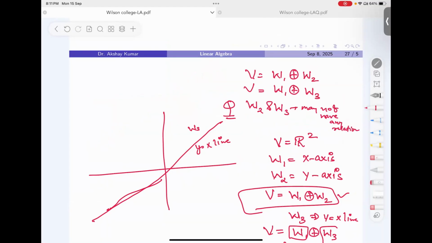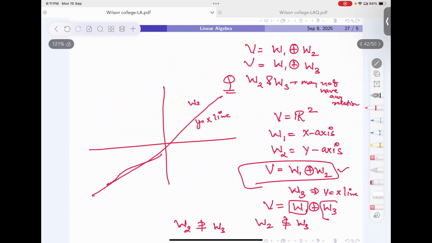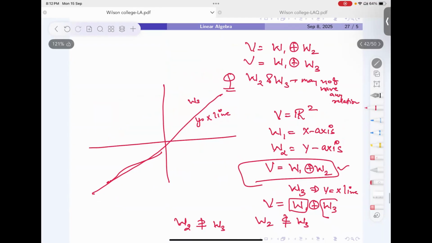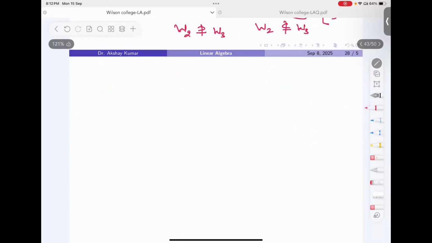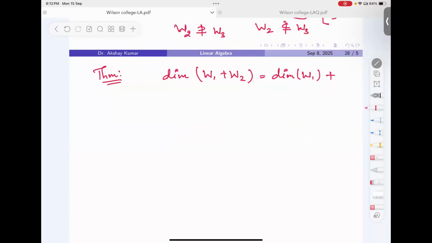Sir, we can say that their dimension will be the same. Yeah, the dimension will be the same, because there is a theorem: the dimension of W1 plus W2 is the dimension of W1 plus the dimension of W2 minus the dimension of W1 intersection W2.